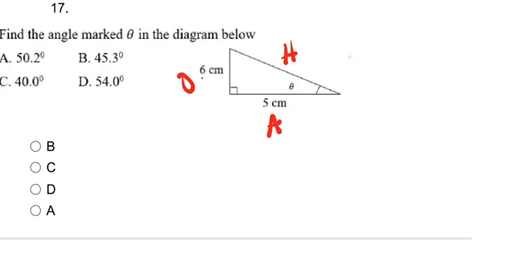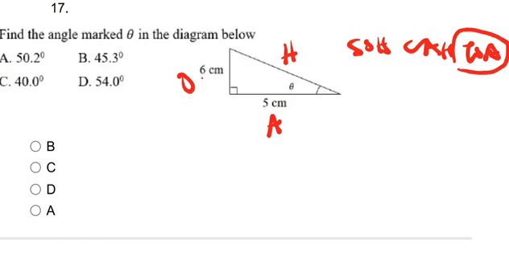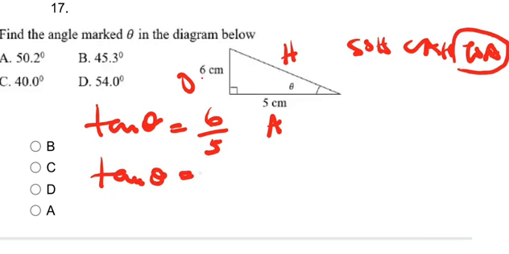So we are looking for theta and we're given opposite and adjacent. Which one has O and A? TOA. So we're using TOA. That means tan theta equals opposite, which is 6, divided by adjacent, which is 5. So tan theta is 1.2.